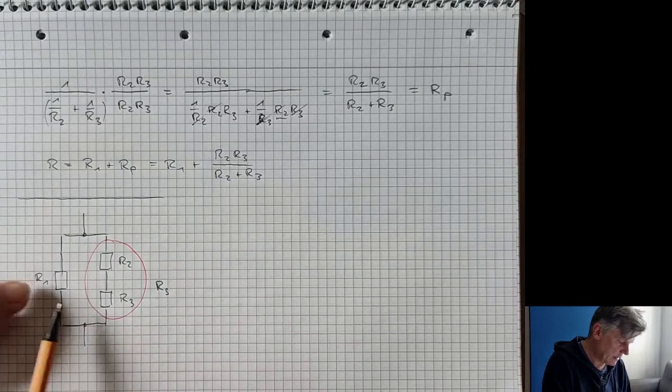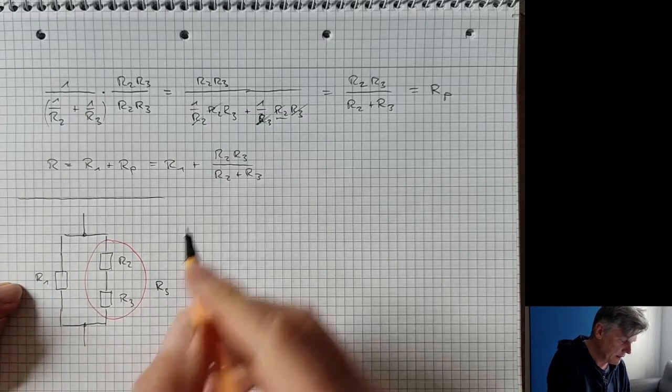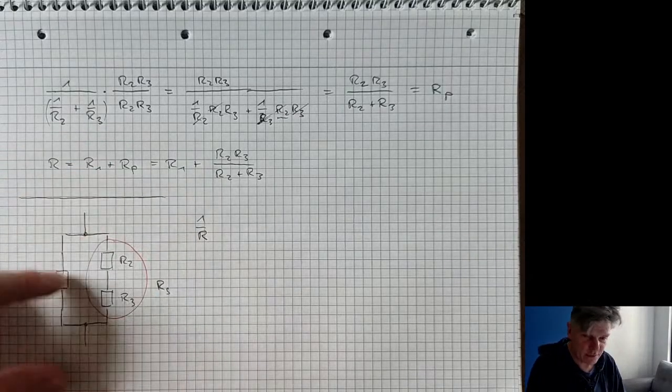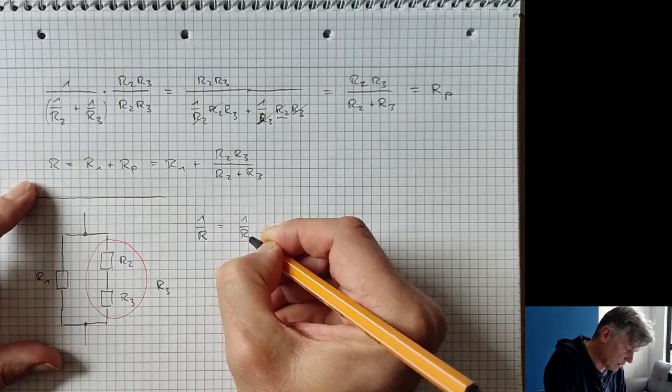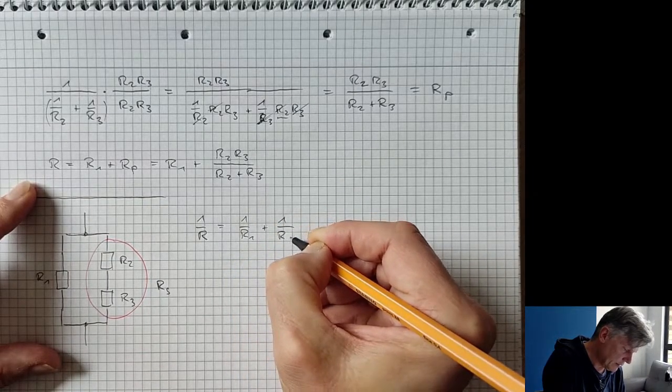And in the end, I have now the series resistance RS parallel to R1, which means the total R, the effective R of the whole network, is then 1 divided by R1 plus 1 divided by RS.